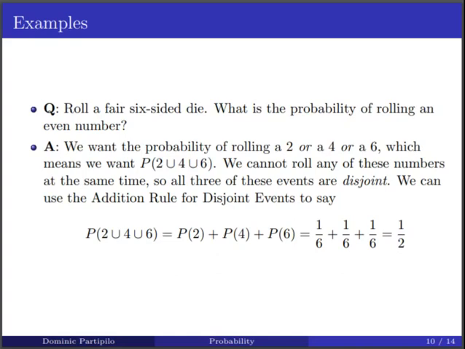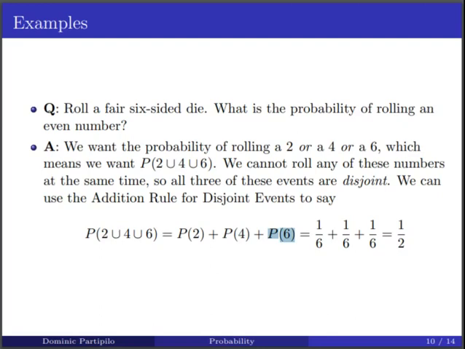We can't roll any of these three numbers at the same time, which is kind of nice for us because that tells us that they're disjoint. Now we can use the addition rule for disjoint events to say that the probability of 2 union 4 union 6 is the same thing as the probability of rolling a 2 plus the probability of rolling a 4 plus the probability of rolling a 6.